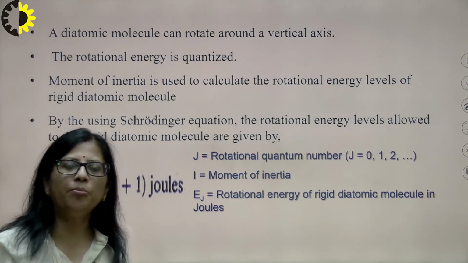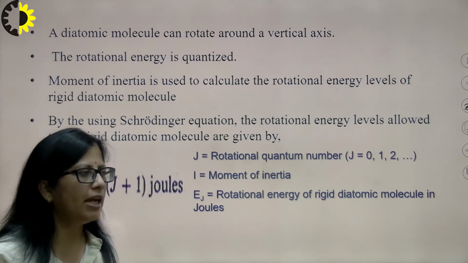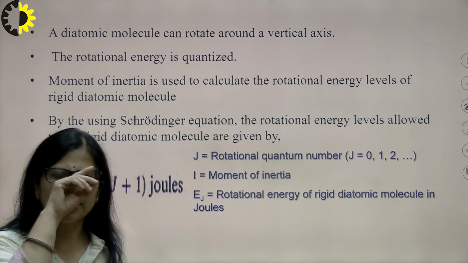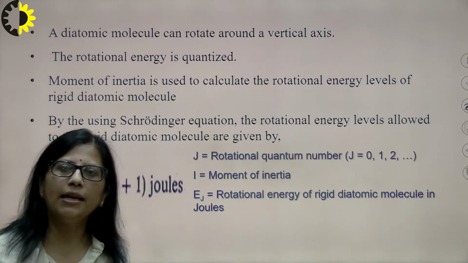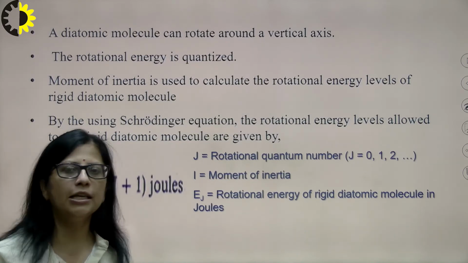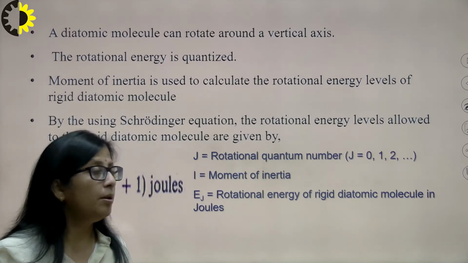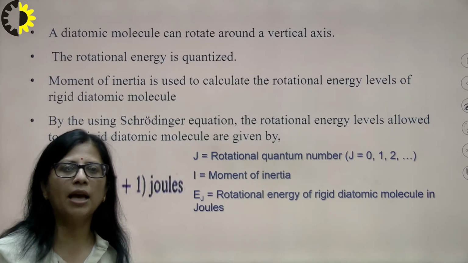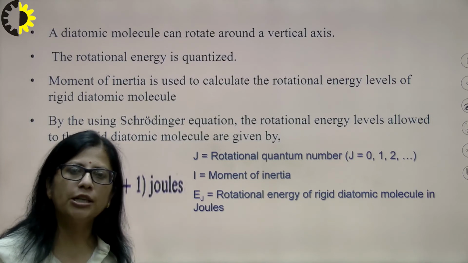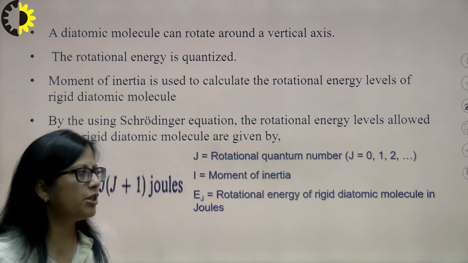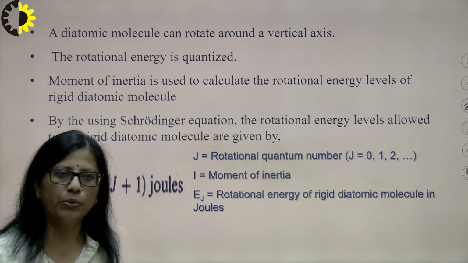A diatomic molecule can rotate around a vertical axis, and the rotational energy is quantized. In the case of gaseous molecules, the moment of inertia is used to calculate the rotational energy levels of a rigid diatomic molecule.